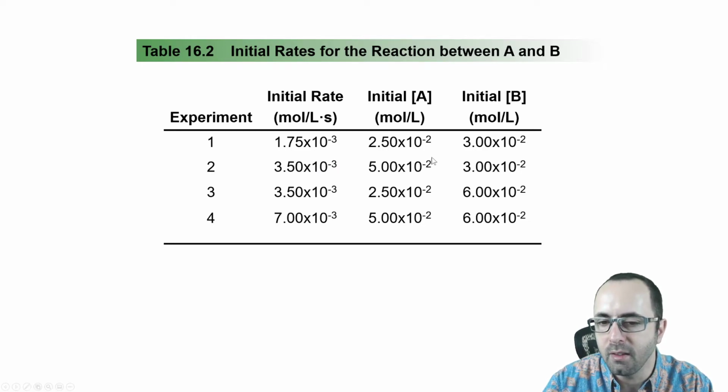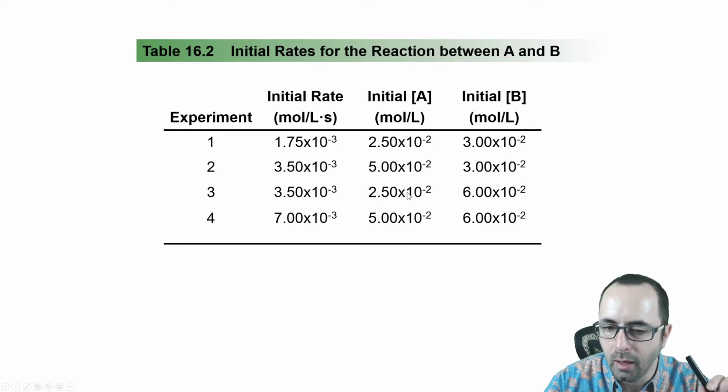So we can see doubling the concentration of A doubled the rate. This is an indication of a first order reaction, but the numbers won't always be so nice and clean. So we're going to want a very detailed math way of doing this that I'm going to show you that you'll follow.